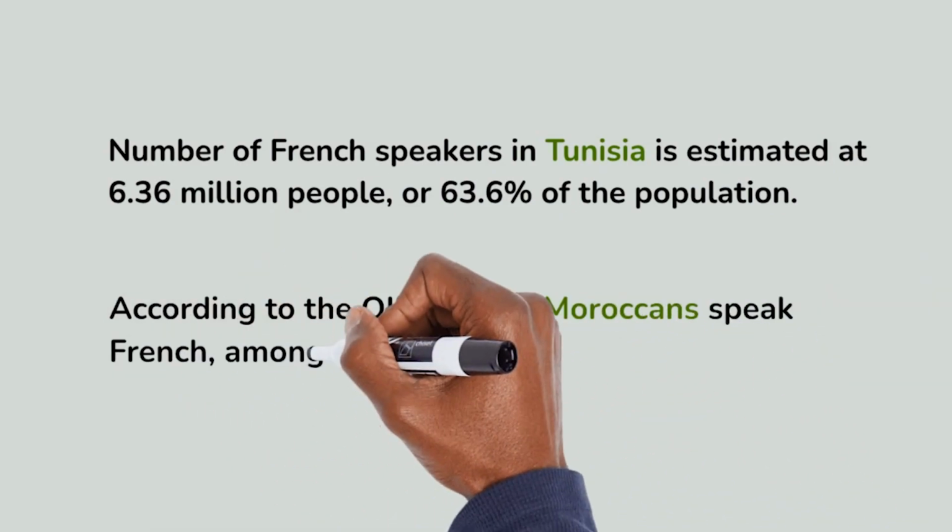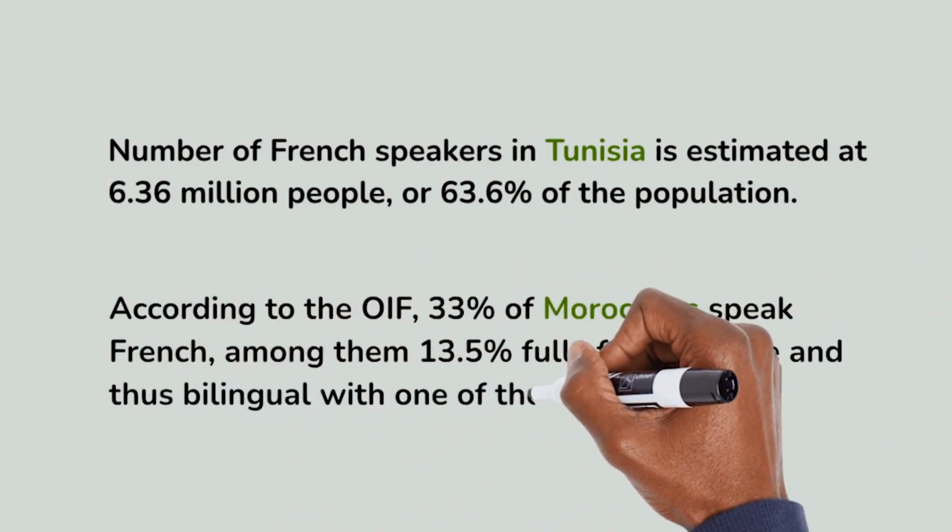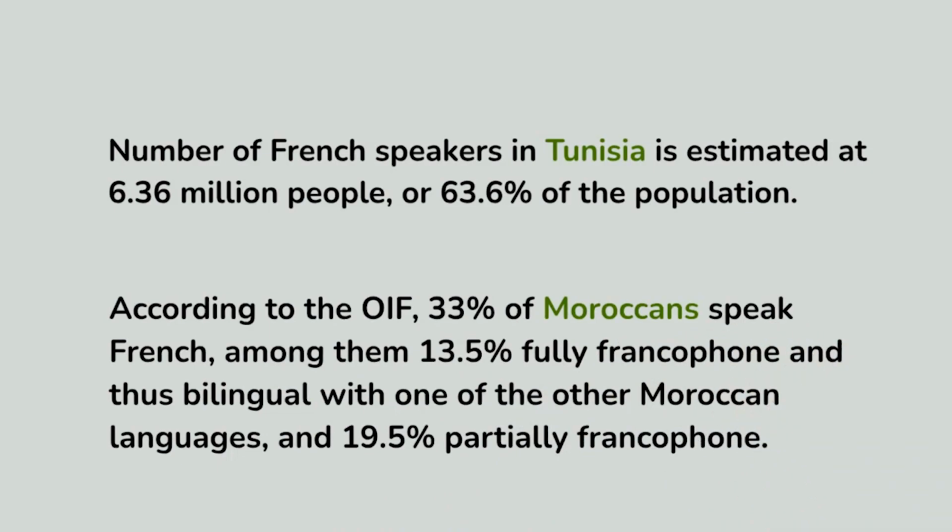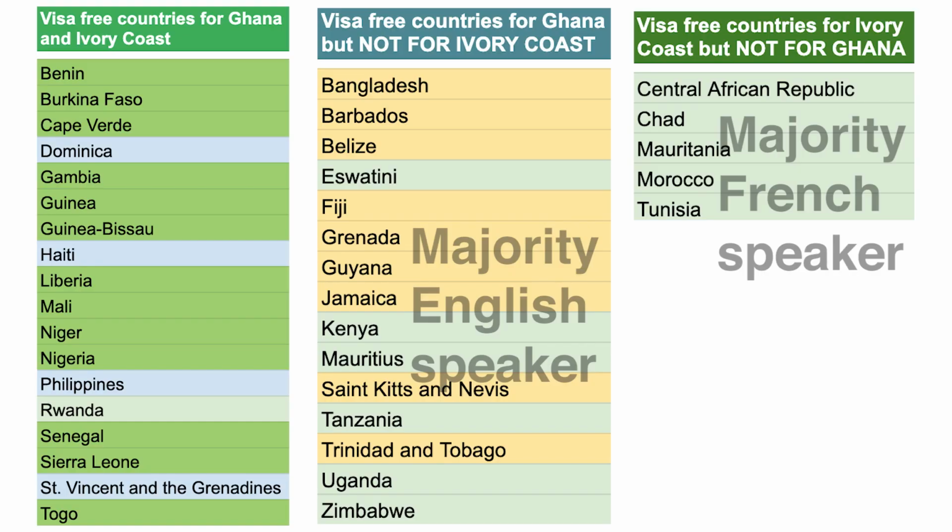So I think that might actually have to do with the fact that if countries have the same official language or majority speakers, maybe there is a kind of relationship between those two countries.